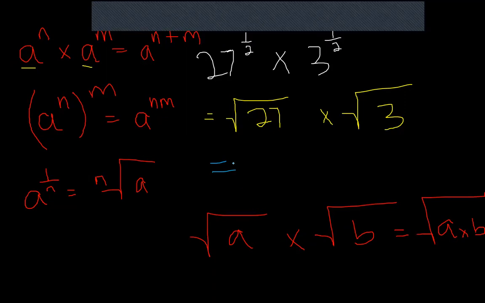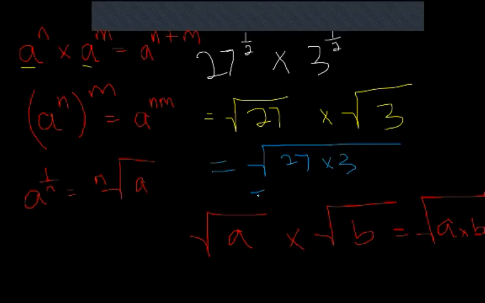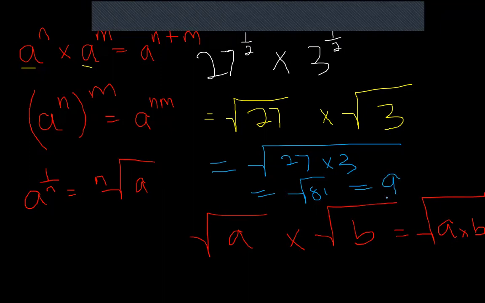So according to this rule, the square root of 27 multiplied by the square root of 3 is the same as the square root of 27 times 3. 27 times 3, that's 81. And the square root of 81 is 9. So that's a different way to solve this question and still get the same answer. I just wanted to show you that.